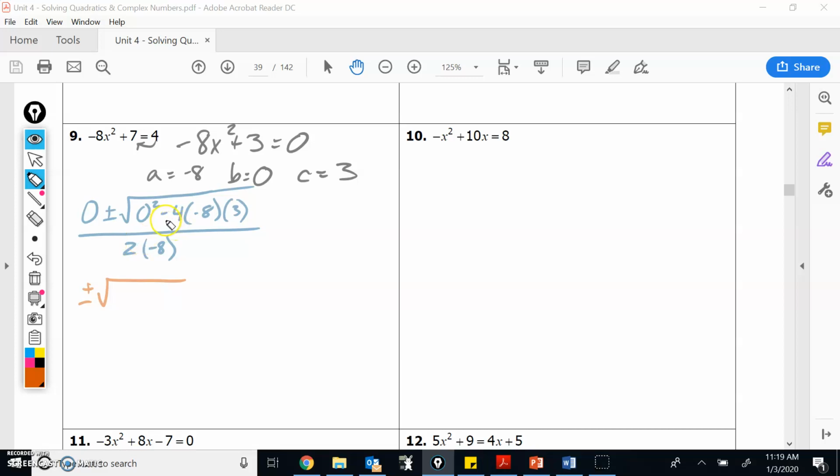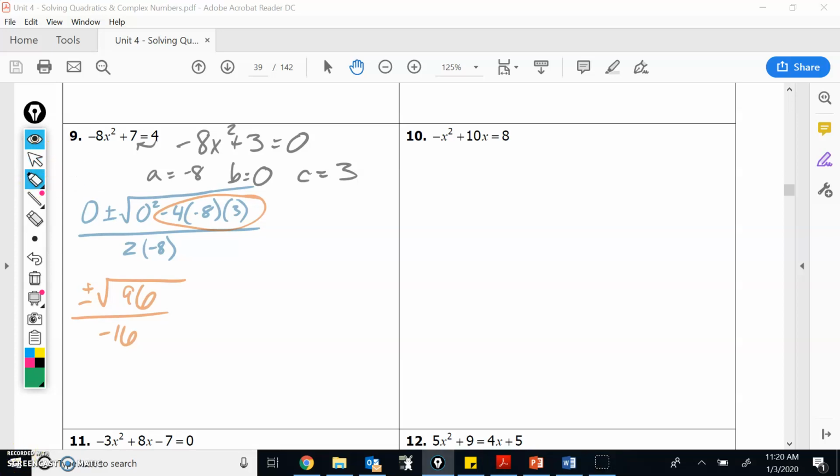So I'm going to do negative 4 times negative 8 times 3. Negative 4 times 8 is 32, times 3 is 96, all over negative 16.